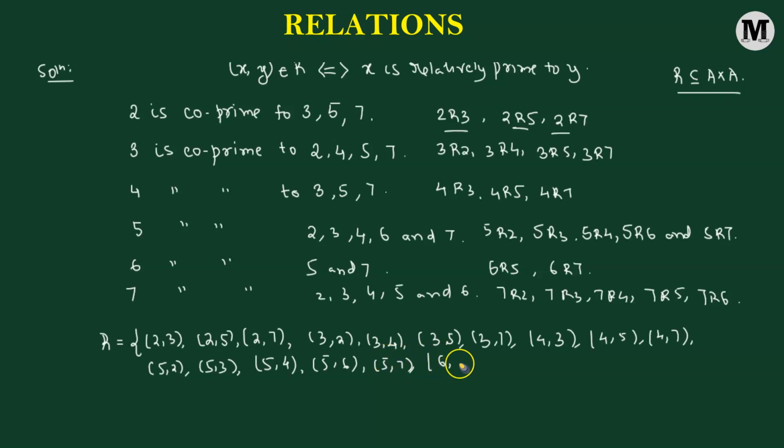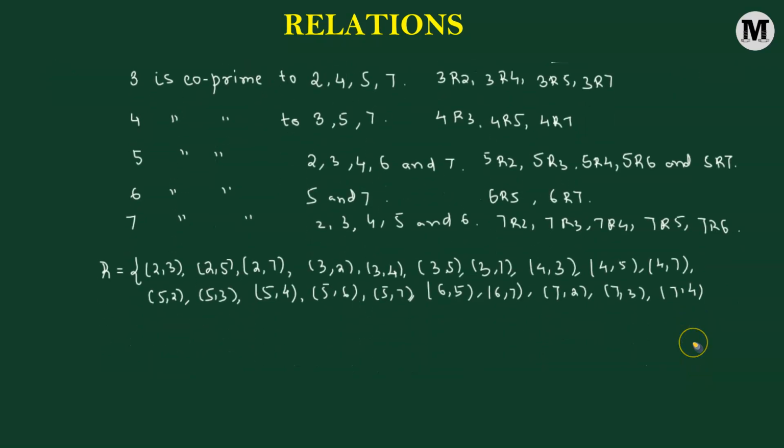We have (6, 5) and (6, 7). And then we have (7, 2), (7, 3), (7, 4). Next we have (7, 5) and (7, 6). So here we have expressed R as a set of ordered pairs.